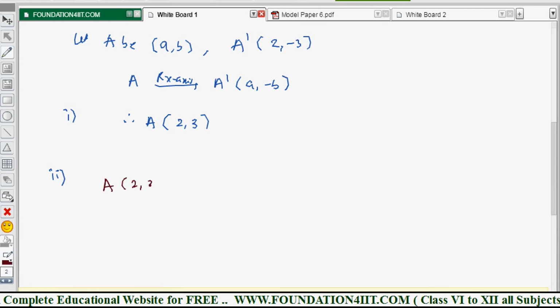A is 2 comma 3, but they said reflection in the y-axis. When it's reflection in the y-axis, the x coordinate sign will be changed. That is A double dash. So minus 2 comma 3, right? Because A double dash is on a line parallel to the y-axis at a distance of 2 units, A double dash is minus 2 comma 3.